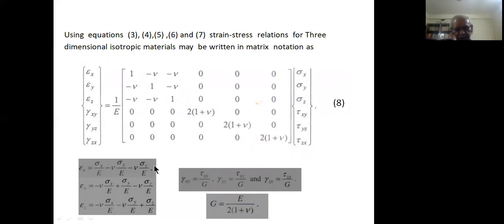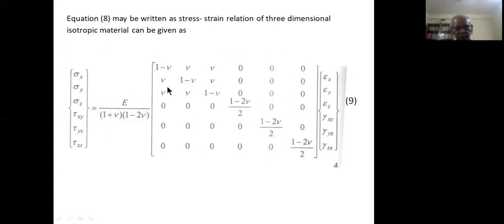That is not very difficult. There are 3 equations and 3 unknowns. You can work it out, and you will find that the constants become like this. I will leave it to you to work it out. It's not very difficult. And then you get equation 9.